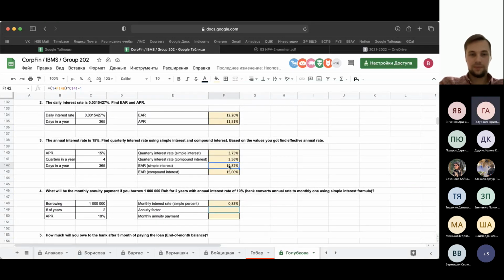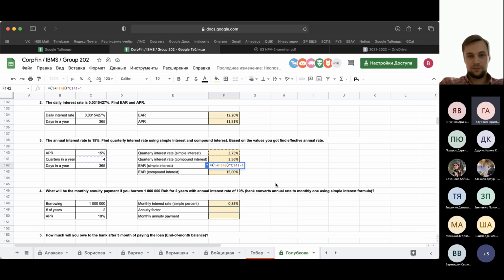Well, to find EAR, we need to sum 1 and the rate for a shorter period, and in this case it's 50%, and then raise this sum to the power of the number of periods.